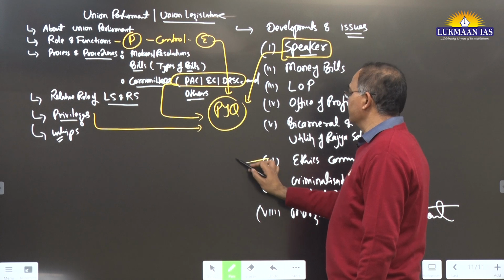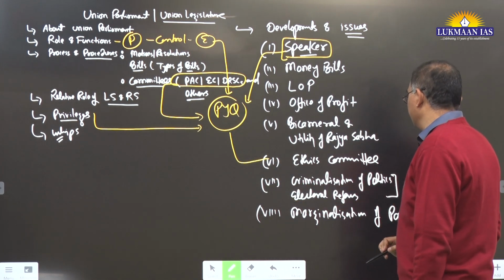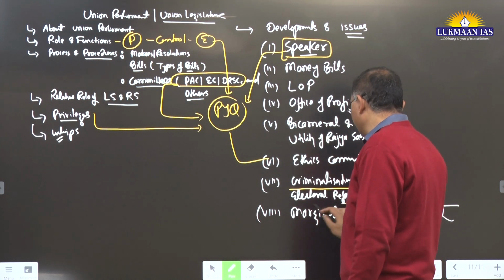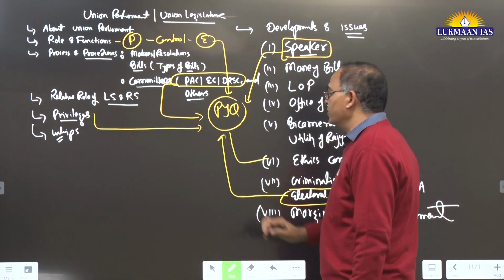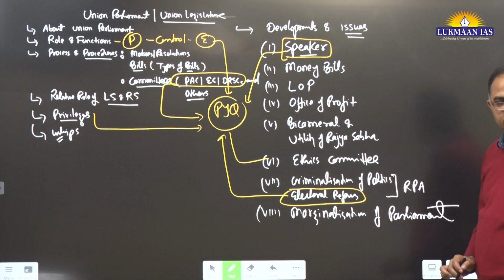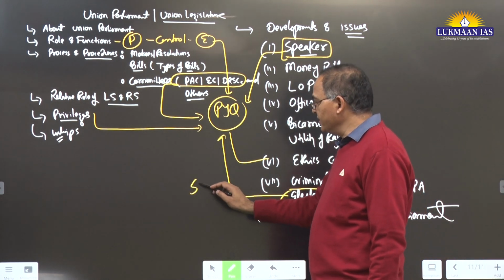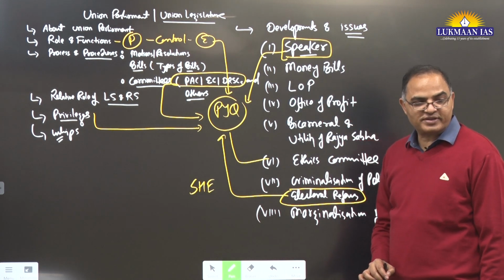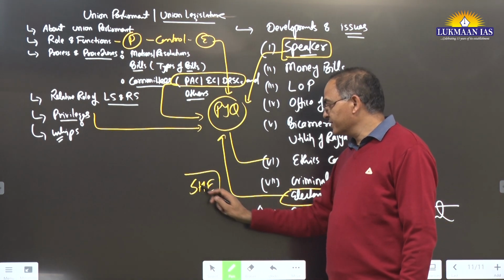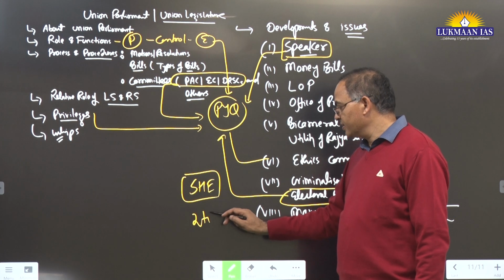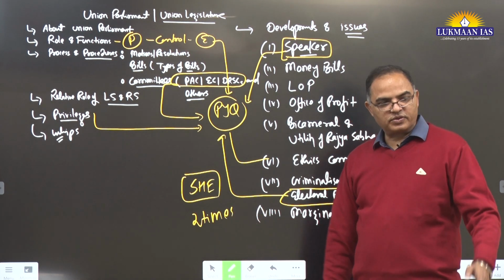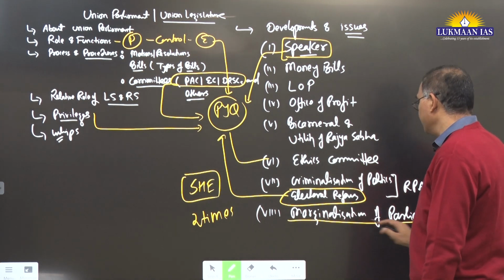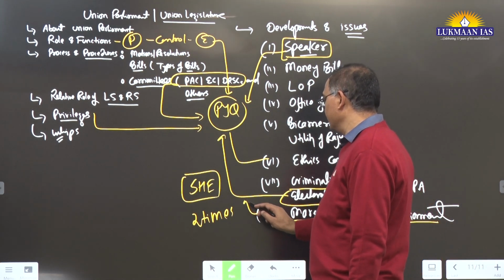Ethics committee they have asked. Then simultaneous electoral reform they have asked, simultaneous holding of elections, two times, in 2014 and in 2024.